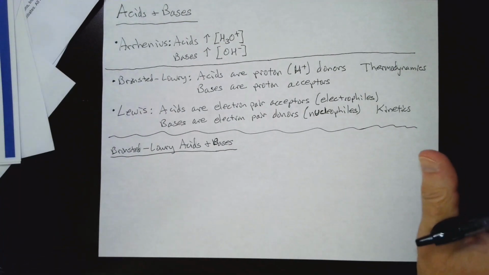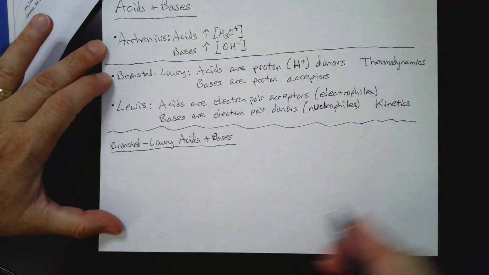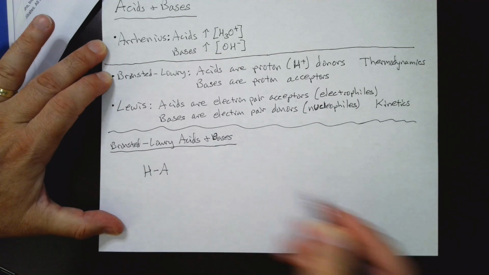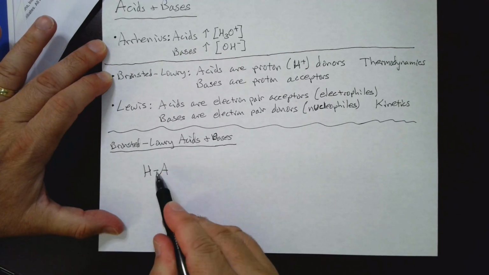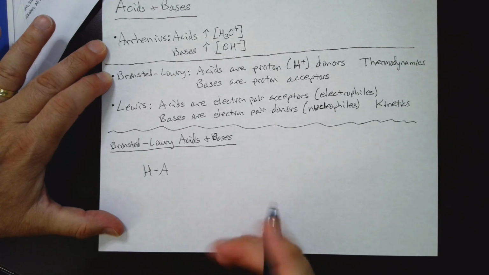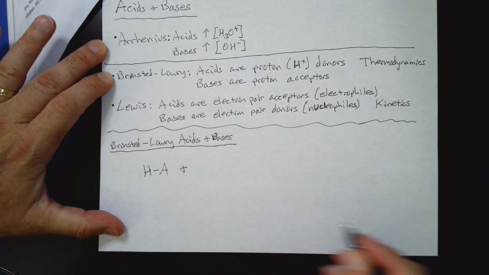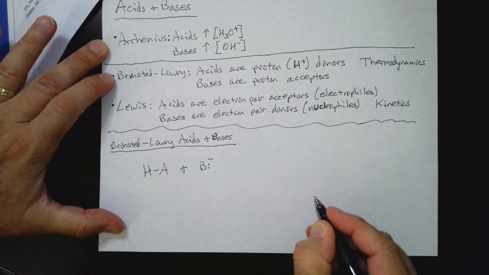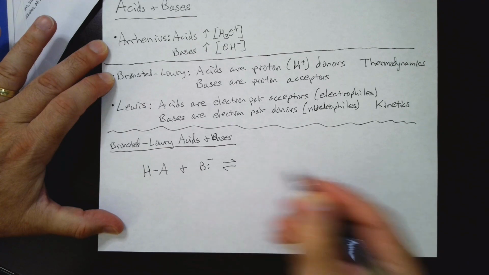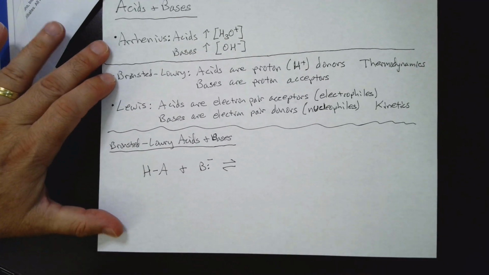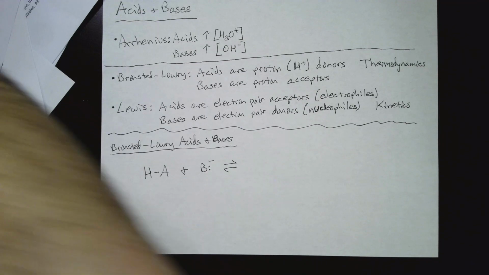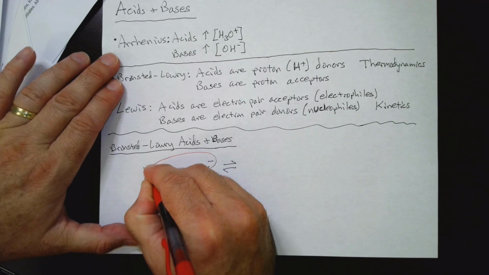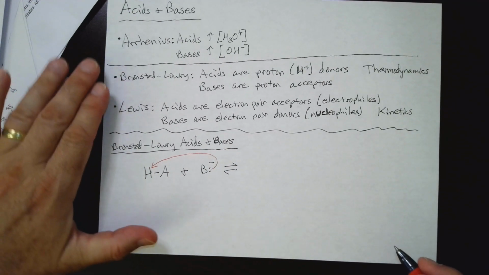So I could go ahead and write just some general equation here. I could have, let's say, an acid, HA, and of course I'm showing my single bond between the proton and the rest of the acid, A. And we will react that with, let's just choose, a base B-. And we will get a proton transfer. What happens is this pair of electrons plucks off that proton.